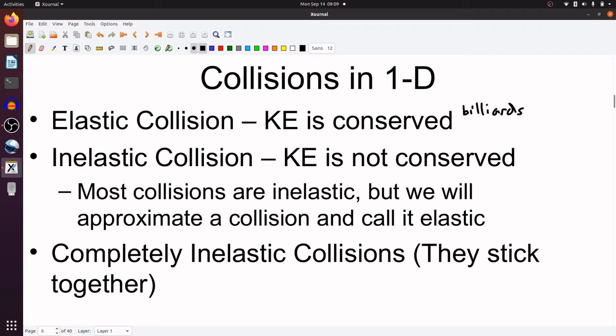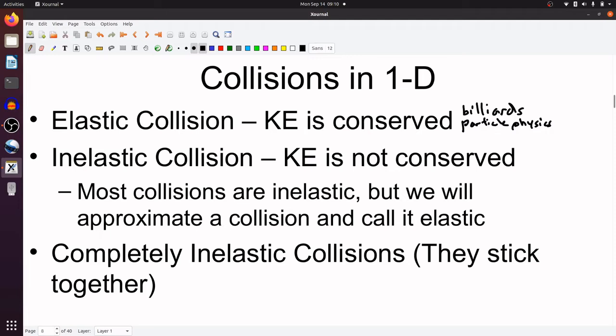It's used a lot in particle physics and actual applications. Sometimes your kinetic energy is conserved in particle physics, depending on the situation. But in any case, this is where your kinetic energy is conserved, meaning the energy that you start with is going to be the total energy that you end with. So the kinetic energy is conserved.